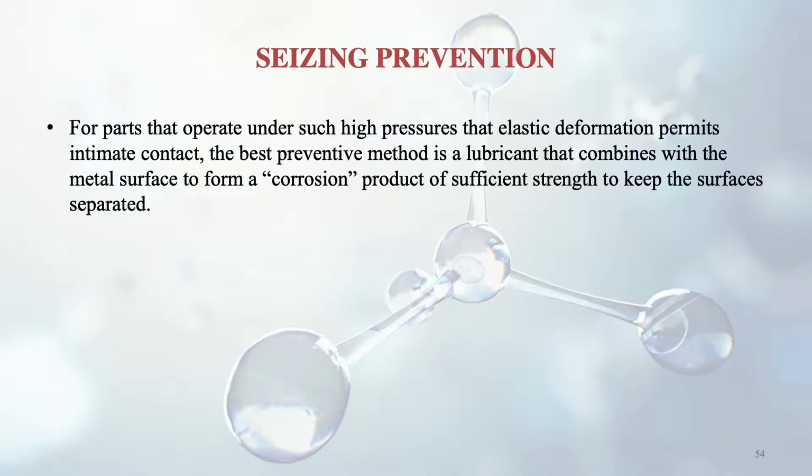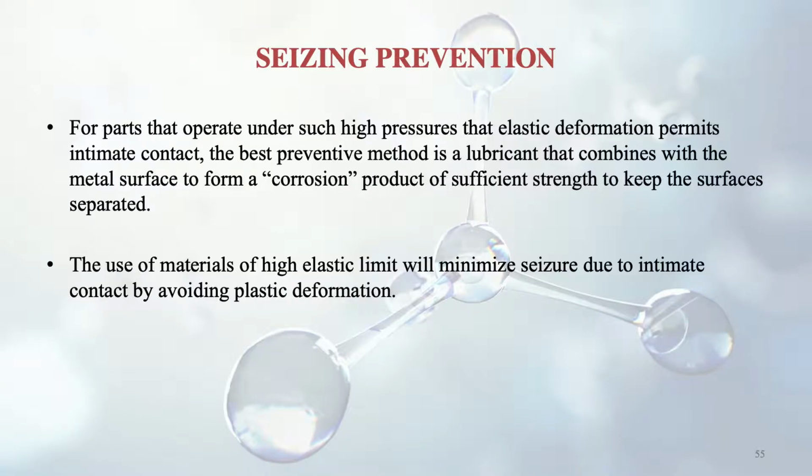For parts that operate under such high pressures that elastic deformation permits intimate contact, the best preventing method is a lubricant that combines with the metal surface to form a corrosion product of sufficient strength to keep the surfaces separated. So again a layer is formed here, and it can help us to keep the surfaces separate, thereby preventing the seizing phenomenon.